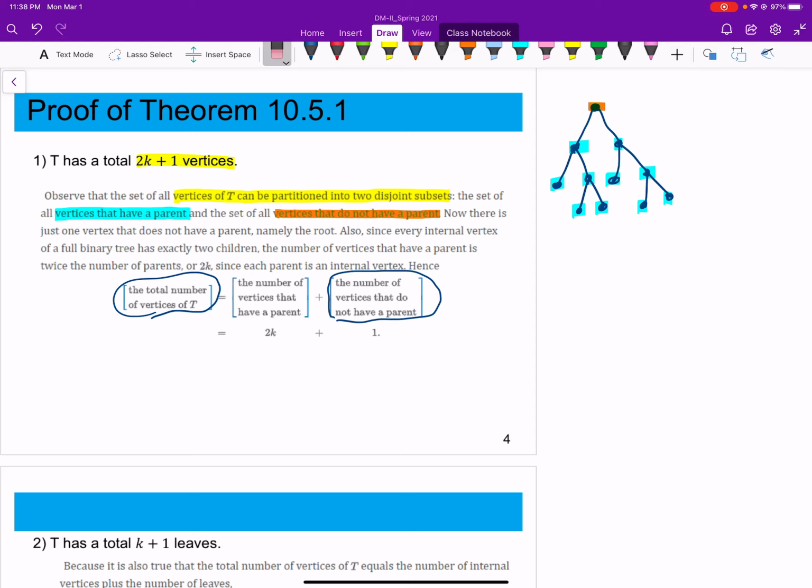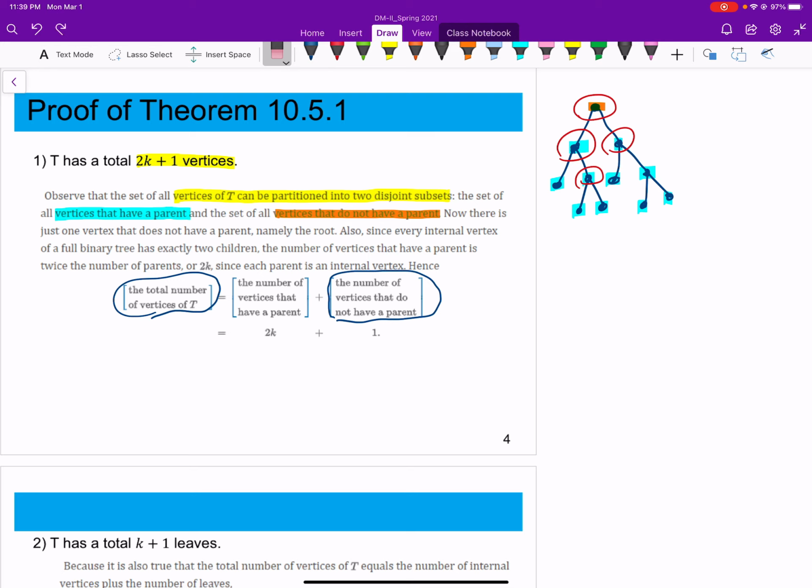Actually, in that case, each internal vertex has children. This is an internal vertex which has a parent and has children. This is not an internal vertex. All the internal vertices are having children.